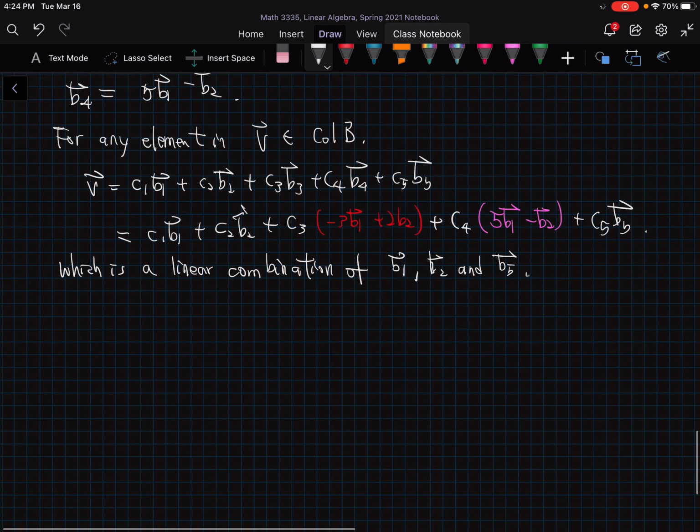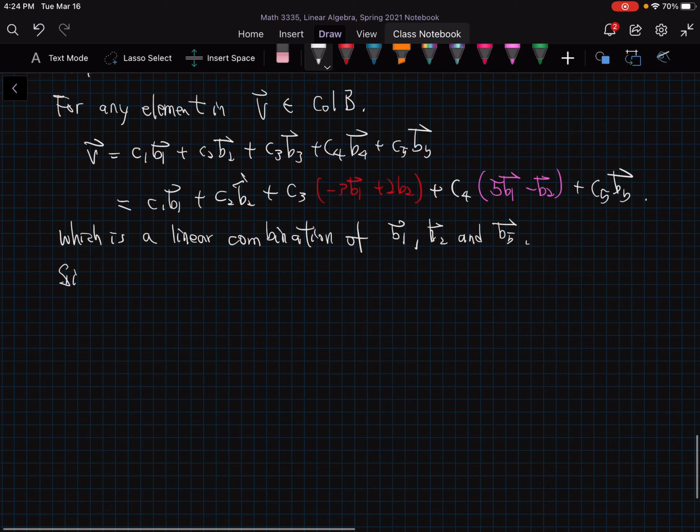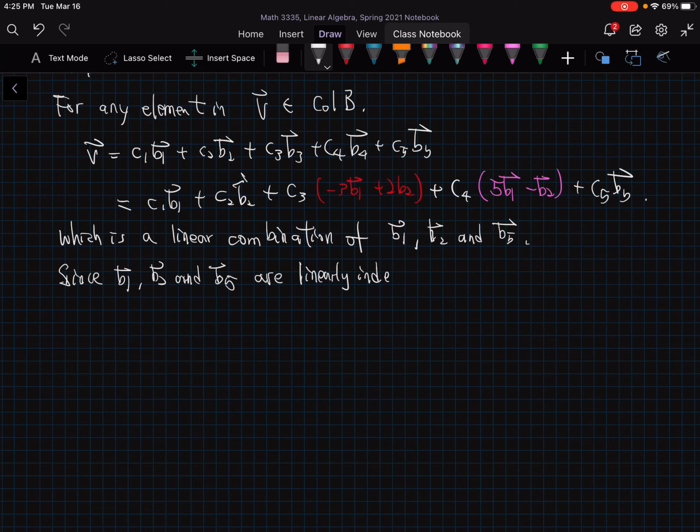In such case, since B1, B2, and B5 are linearly independent, any element in the column space of B can be expressed as a linear combination of the 3 vectors.